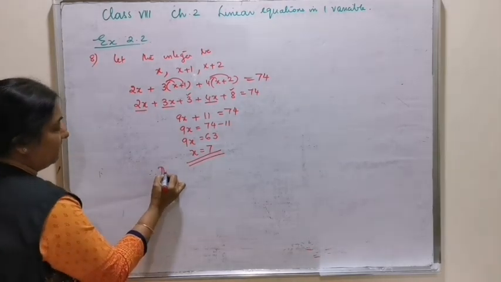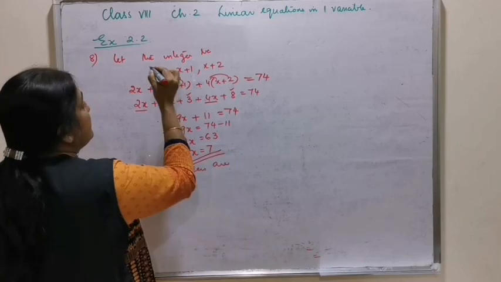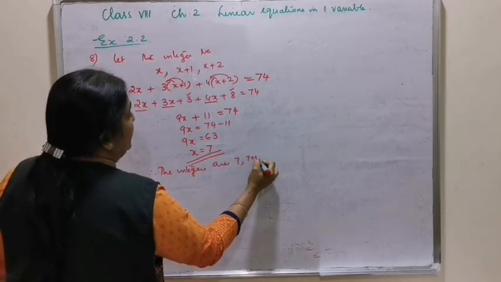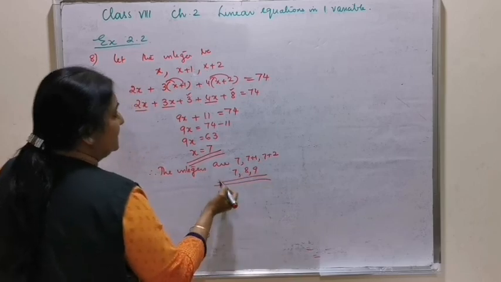Therefore, the integers are 7, 7 plus 1 and 7 plus 2, that is 7, 8 and 9.